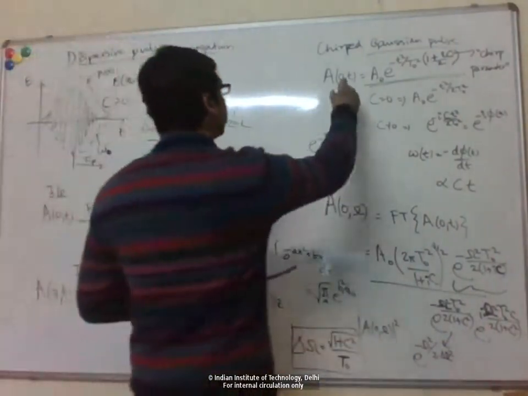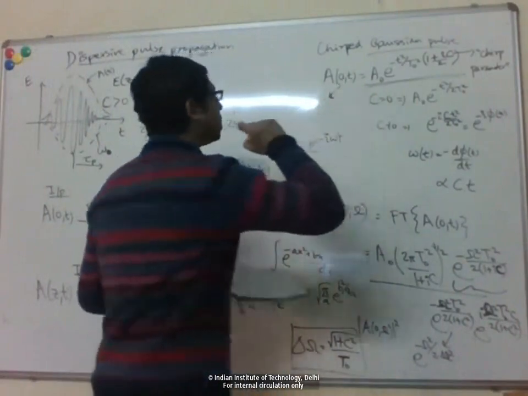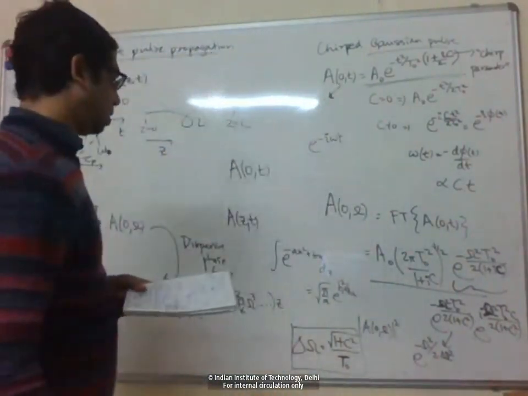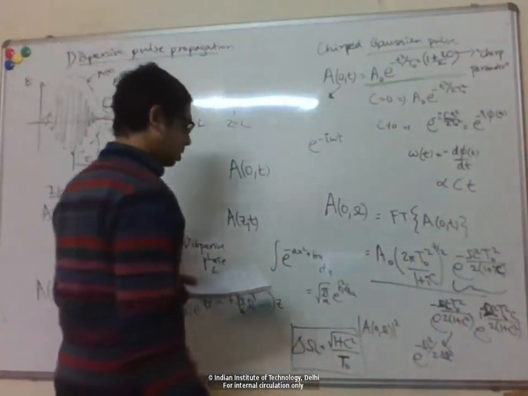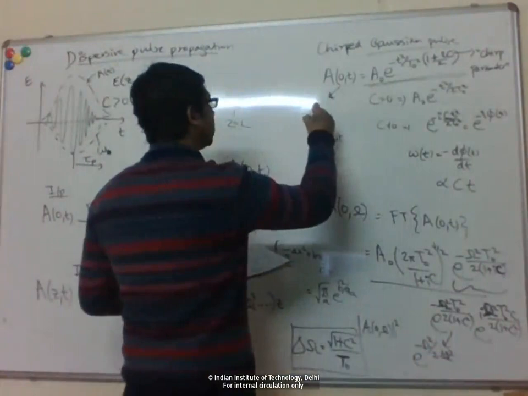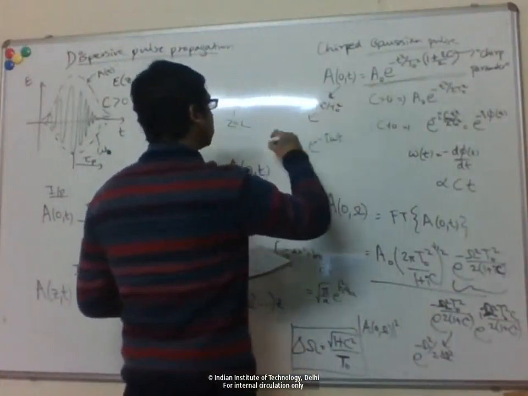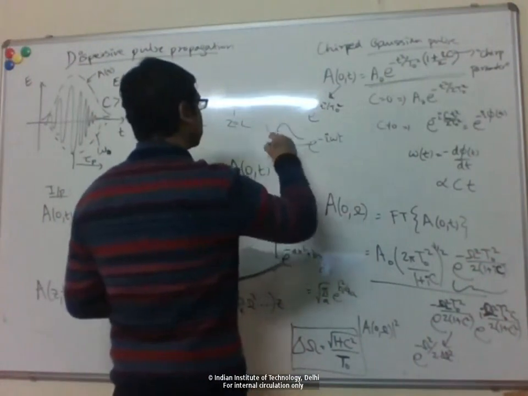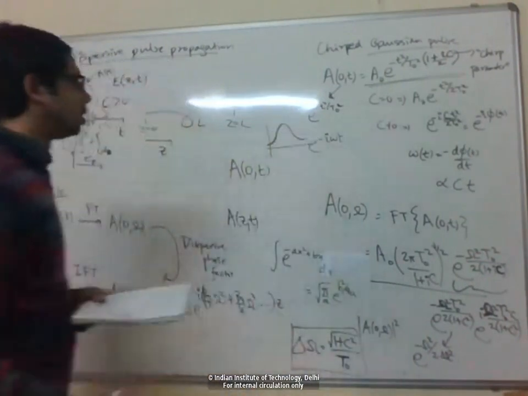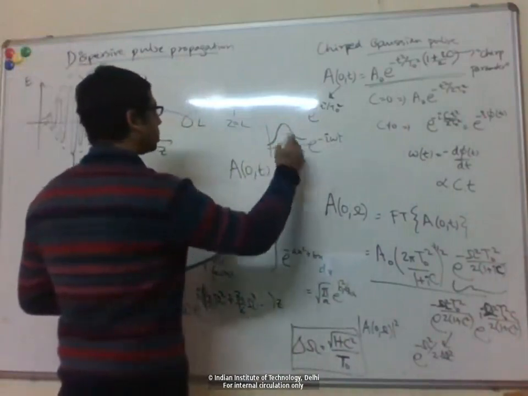Again, if you take the power spectrum of this, that looks something like e to the minus t square by t naught square. So this is duration t naught.